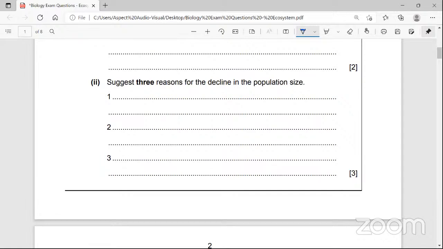Increasing. But then we're looking for reasons. Yes, your infections, right? Exactly. Competition for resources, thank you. What else? So we can talk about your infections or disease, right?